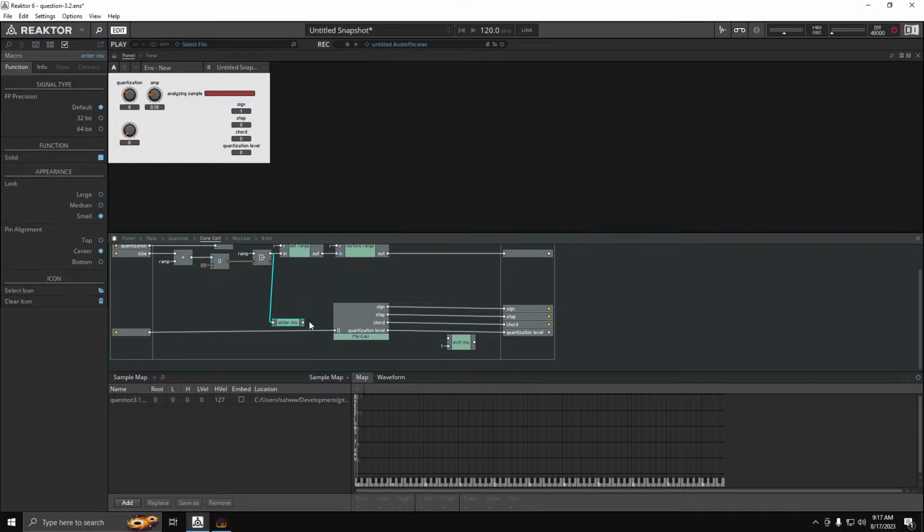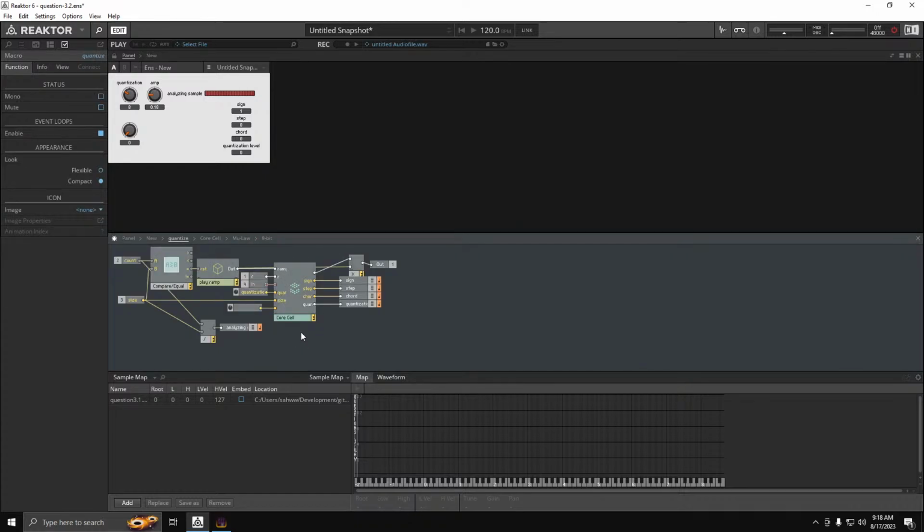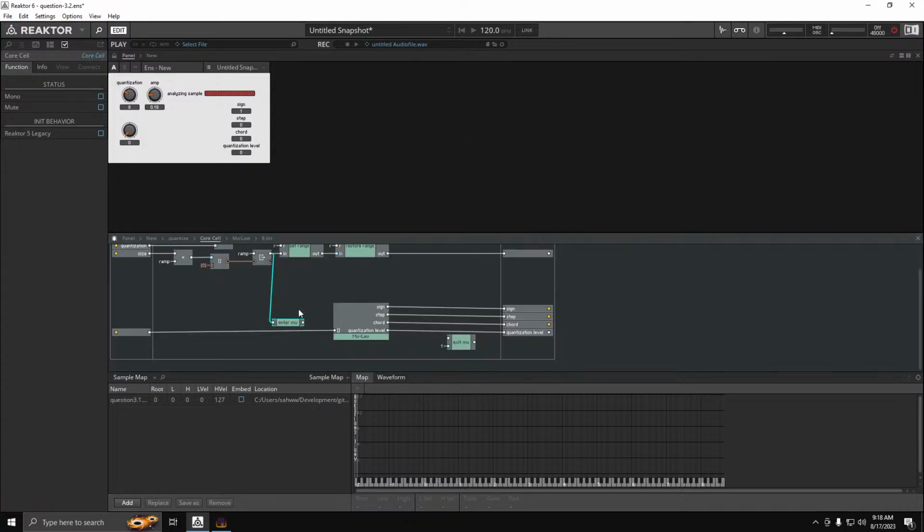Then once we find whatever, if the value that comes out of here is close to this quantization level, then we'll set it equal to this. Yeah. So I need an iterator. This is fun.